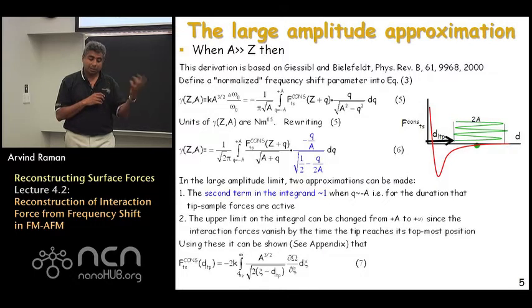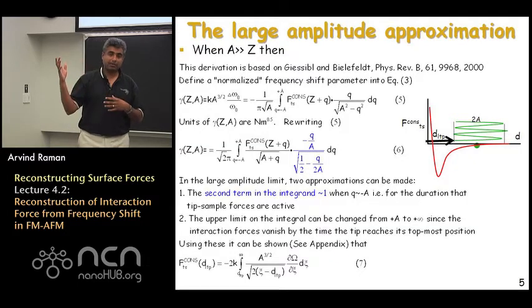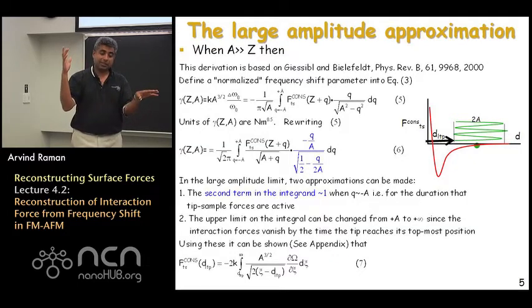What's important here is that in an experiment, what one would do in this case is to plot the relative frequency shift omega versus z, and then take a derivative of it, d omega dz, and then take an integral and weight it by this particular function that's the first term in the integral. And it has to be done numerically, basically. And then one can back out the tip sample interaction force at DLTP.